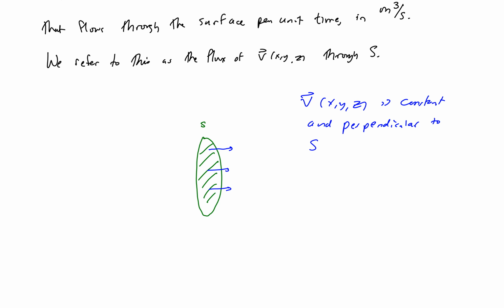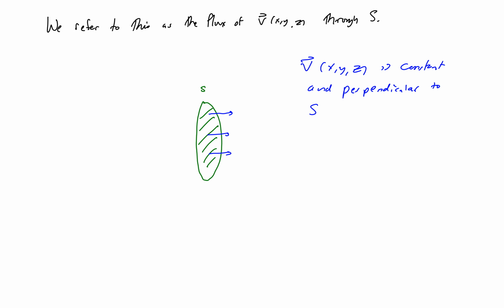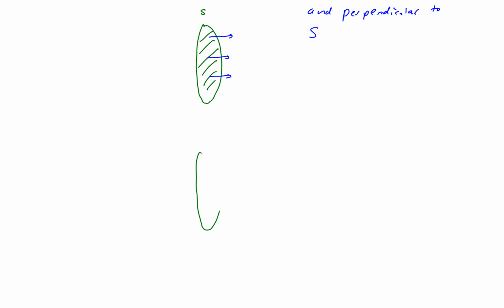So if we take our surface here and we think of water flowing through this. So think of the water that is right there at the time we start. How far will that little piece of water flow? So if I have some water here, and we know it's moving in this direction, we know that distance equals rate times time.